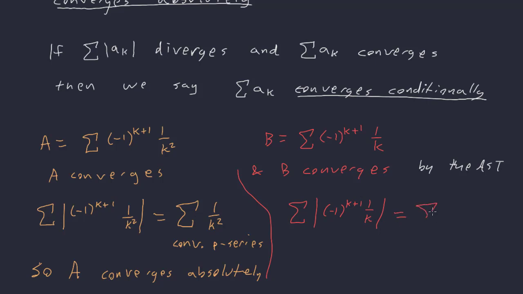And so this will become the series of 1 over k, which is a divergent p-series. So B only converges conditionally.